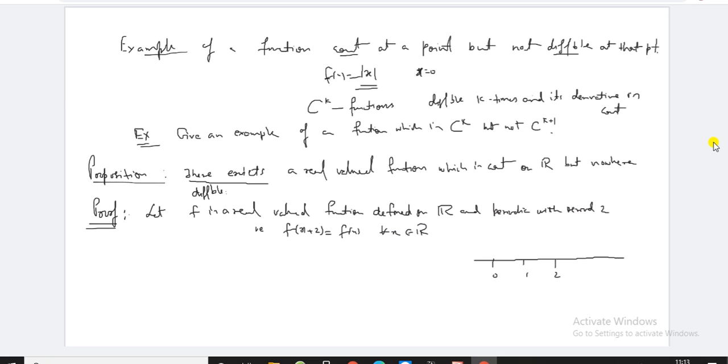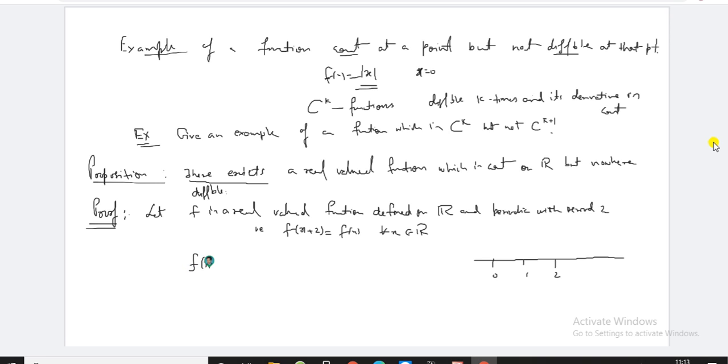And now you must define the function at least on an interval of length 2. If you define it on this length 2, then you just repeat this function to get the whole graph. So now we define it on this interval 0 to 2.